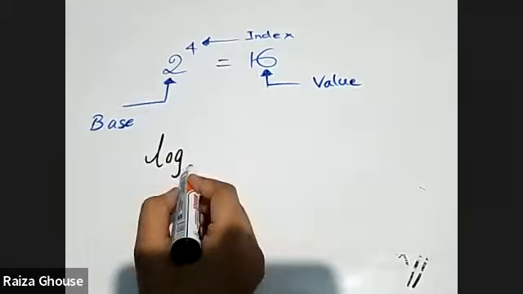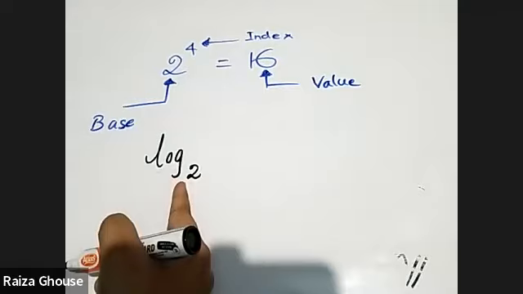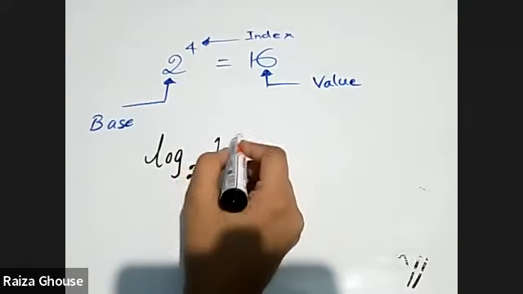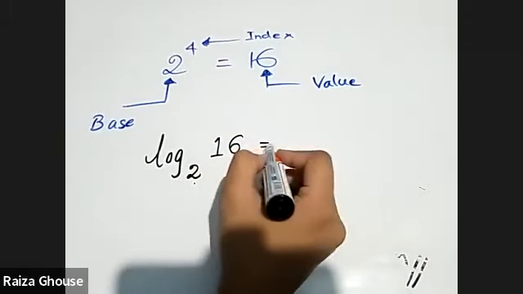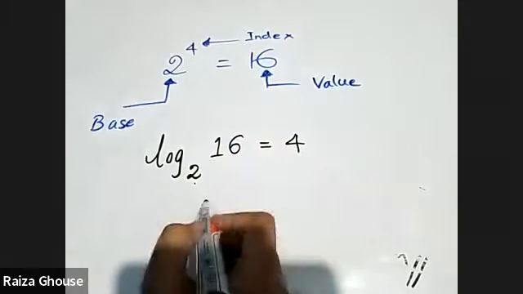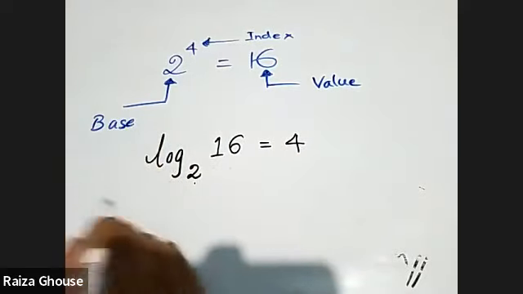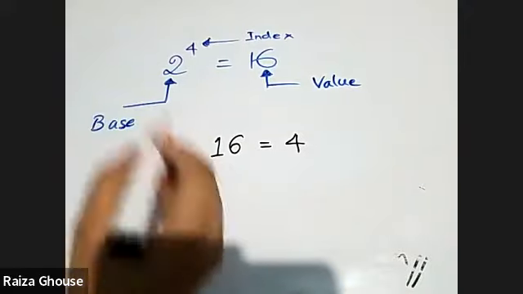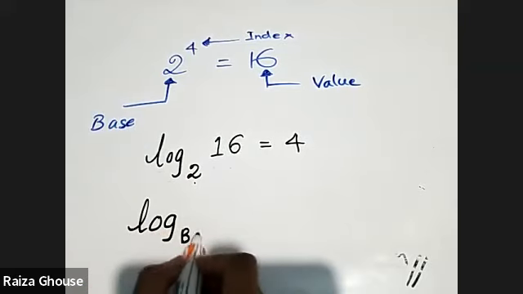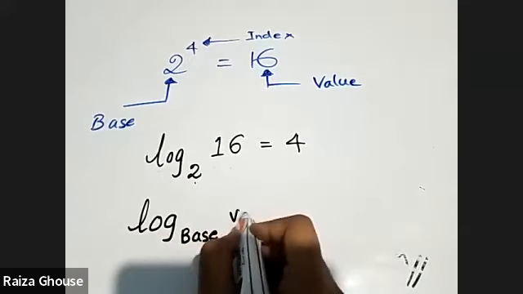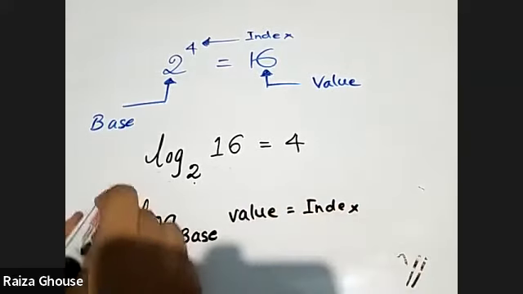You should write that as the base, and then write the value 16. Log base 2 of 16 is equal to the index, which should be written here. So how can I write the format here? If you are given an index form, how do you convert into logarithmic form? You should follow this format. Log, the base here, the value here, and the index in front. This is the format.